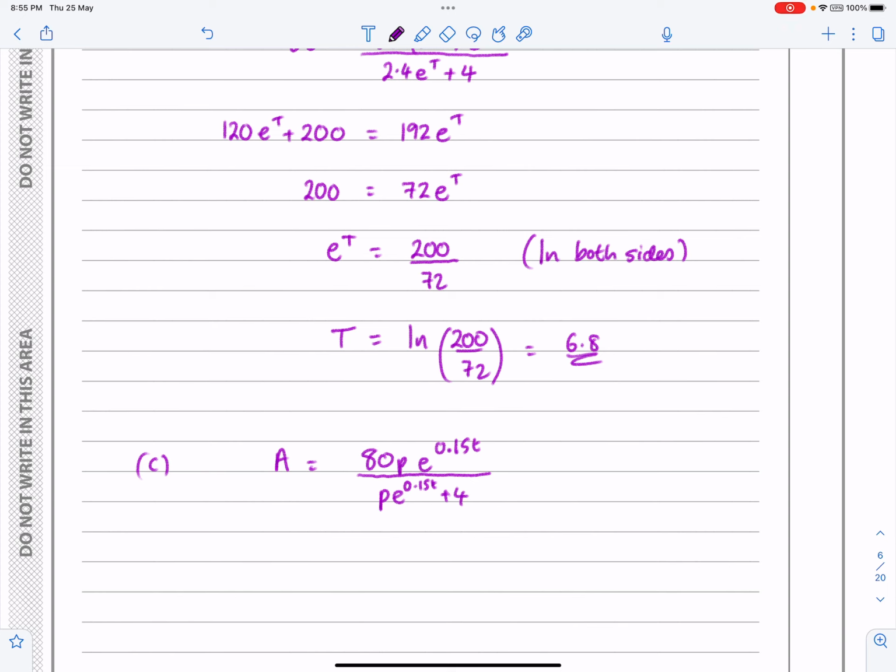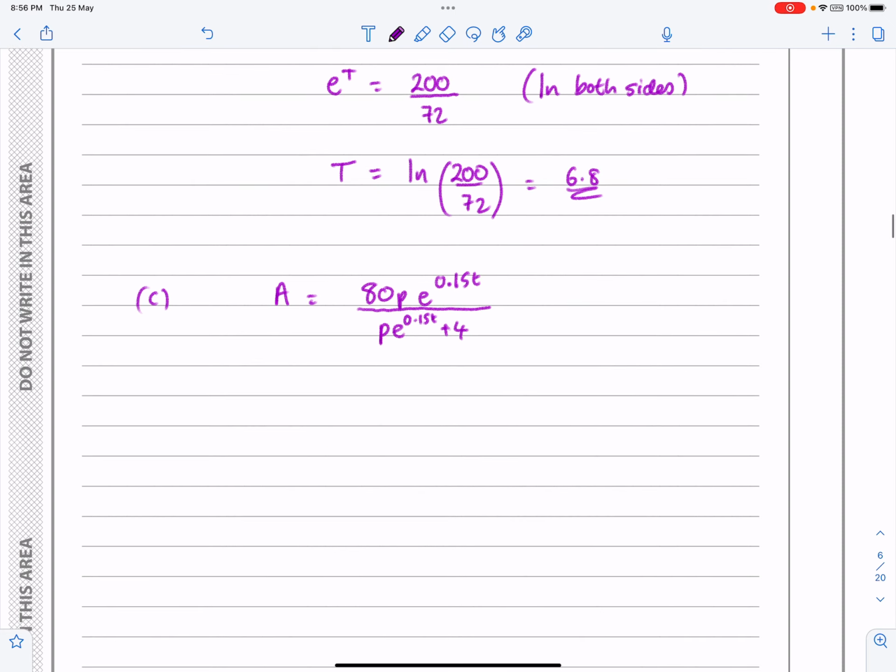So the question is saying, find the maximum possible surface area. Well, the maximum possible surface area will be as time goes on and gets bigger and bigger and bigger. And in my mind, the biggest thing that it could get to would be infinity.